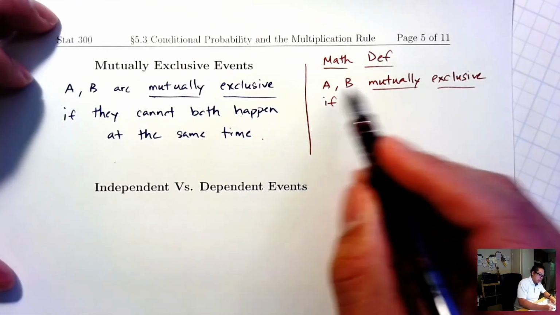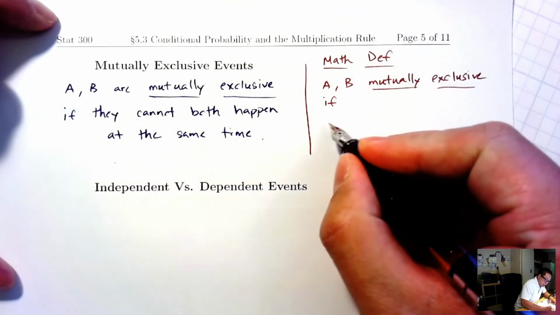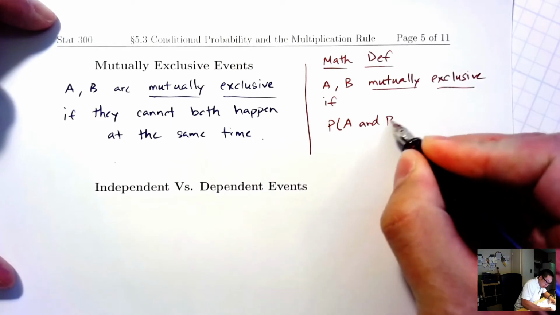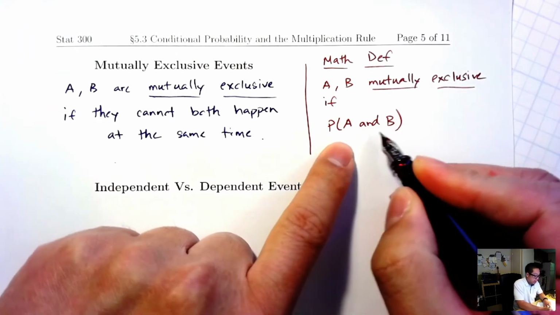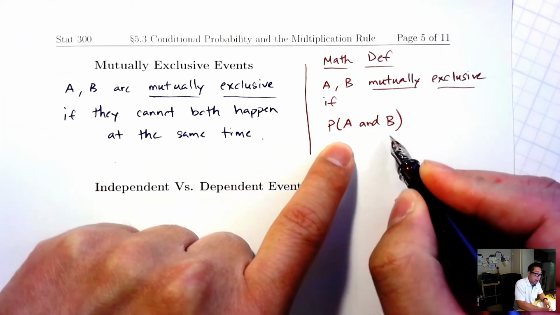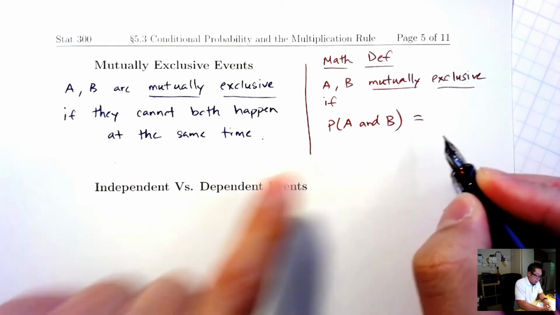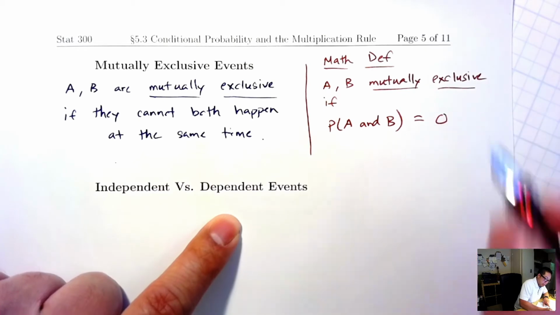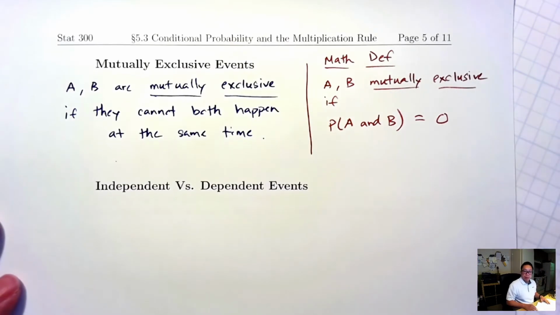So A and B are mutually exclusive means probability of A and B. Okay, remember, probability of A and B is the probability of A and B both happening at the same time. And if they cannot happen at the same time, then their probability is 0. Okay. So that was from section 5.2.